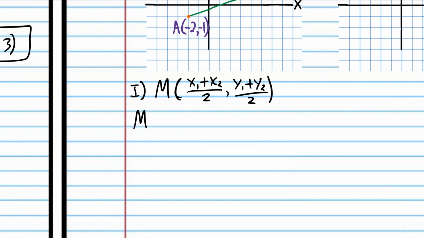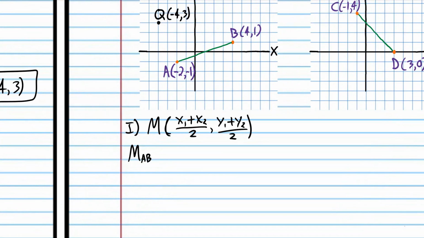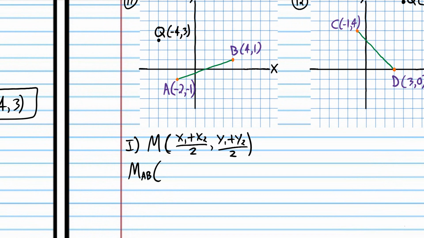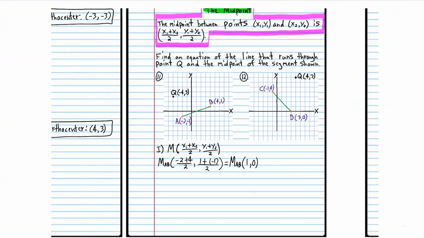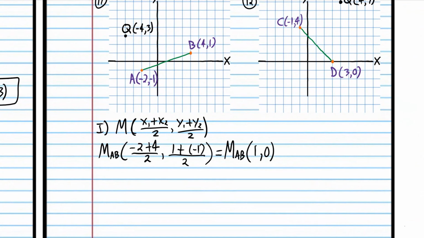And we want the midpoint between A and B, so we're going to add the x values together and divide by 2, that's the x value of the midpoint. And then we're going to add the y values together and divide by 2, and that's the y value of the midpoint. So the midpoint between A and B, if we do all the math on that, we get (1, 0).